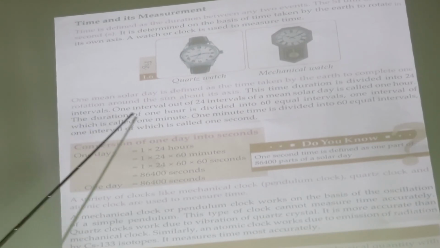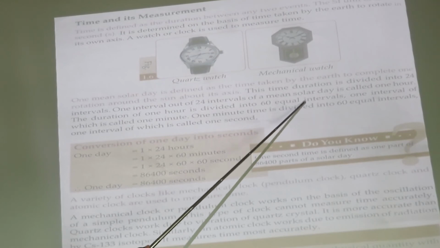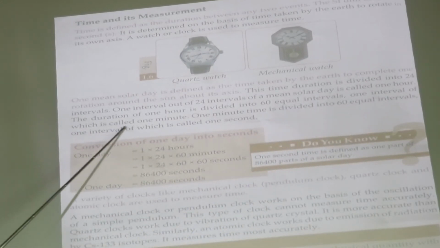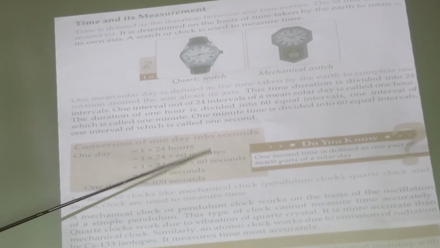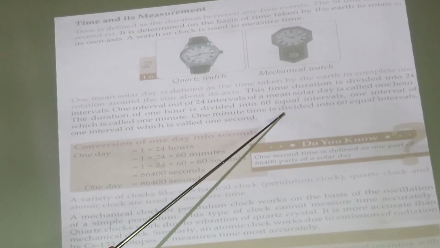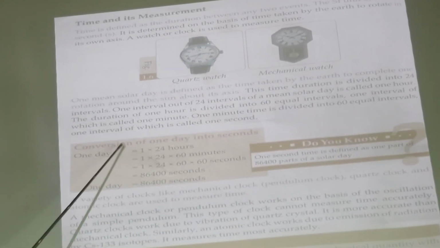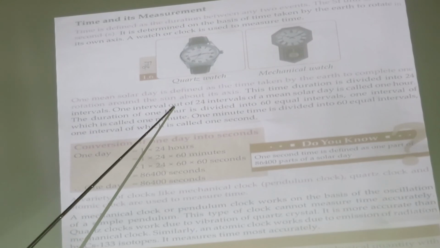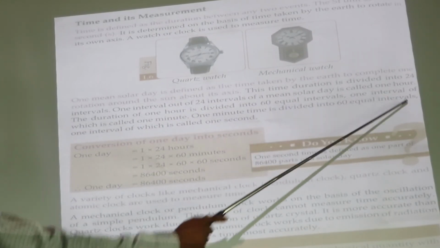The duration of 1 hour is divided into 60 equal intervals, one interval of which is called 1 minute. 1 minute is divided into 60 equal intervals, one interval of which is called 1 second. So for the day, the mean solar day is 1 day.